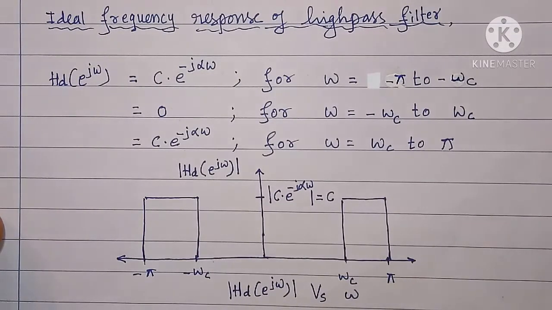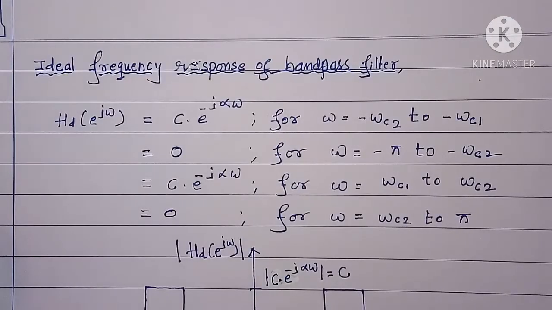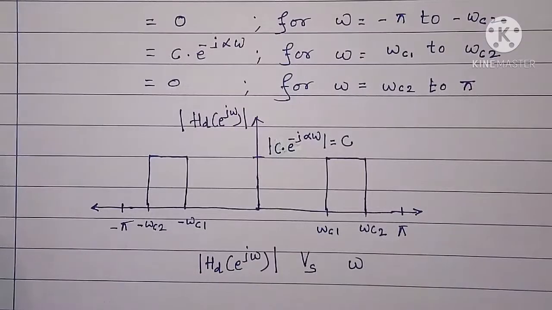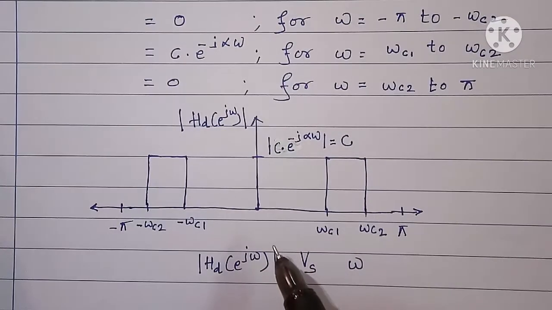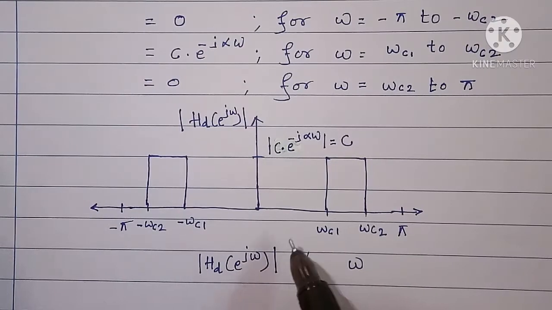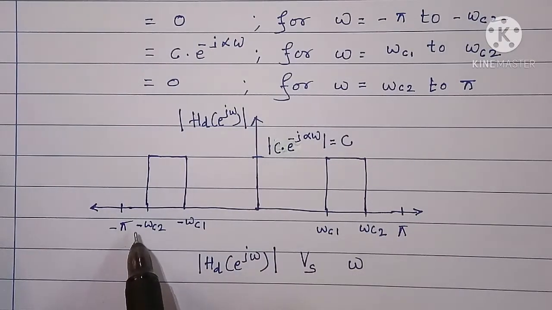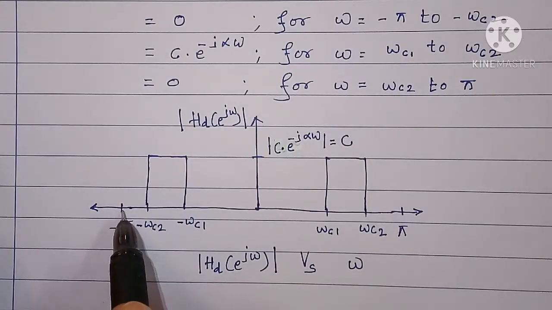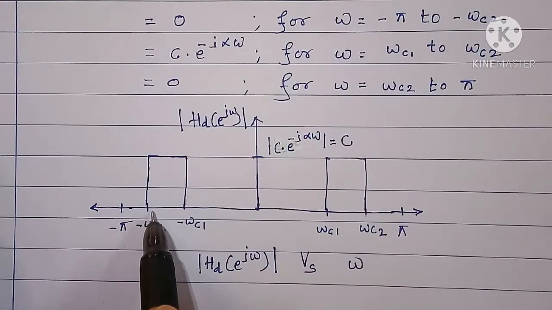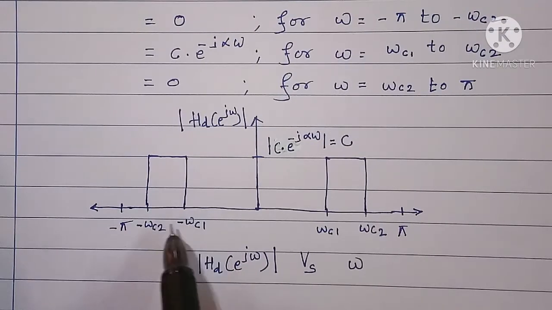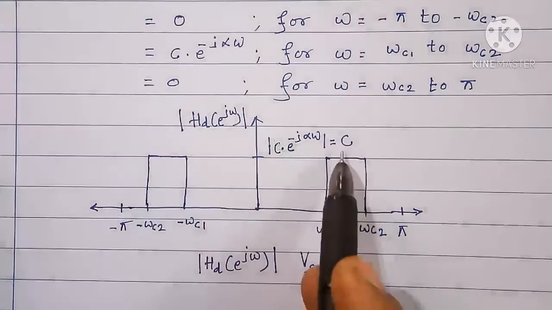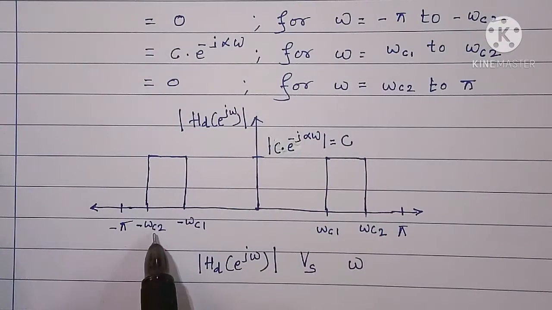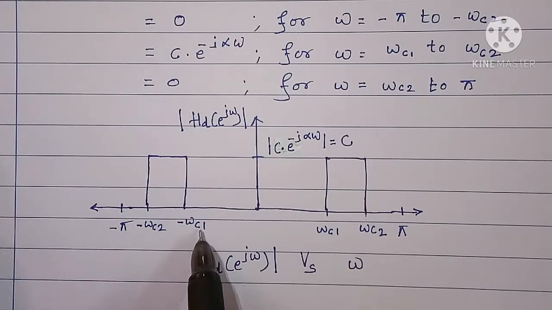Next we'll take up band pass filter. Here you can see the ideal frequency response of band pass filter. The magnitude of HD of e raised to j omega is 0 from minus pi to minus omega c2, and it is equal to capital C from minus omega c2 to minus omega c1.